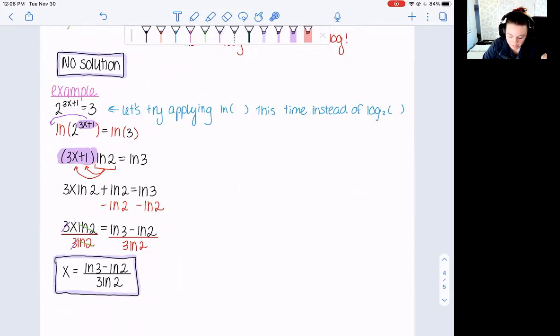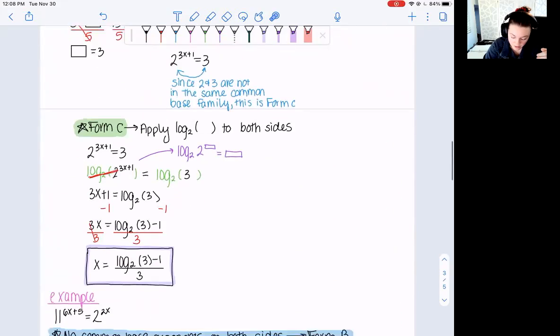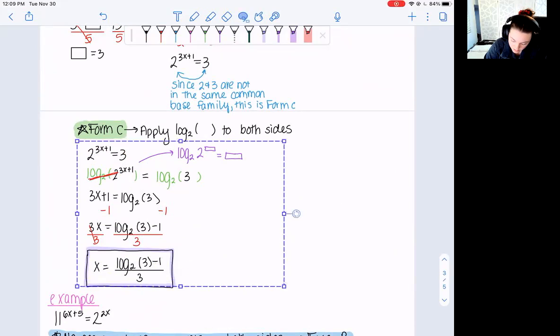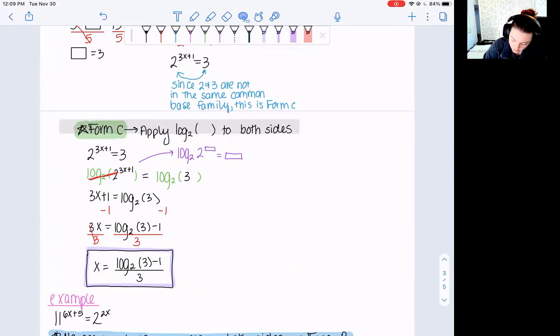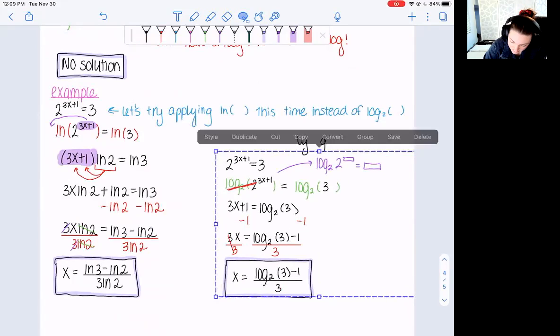All right. So quickly looking at this one here, we had to bring down the exponent, distribute, get the x by itself, and then divide. Whereas with the way we did it previously, when we took log base 2 on both sides, I'll just copy it so that we can compare side by side.